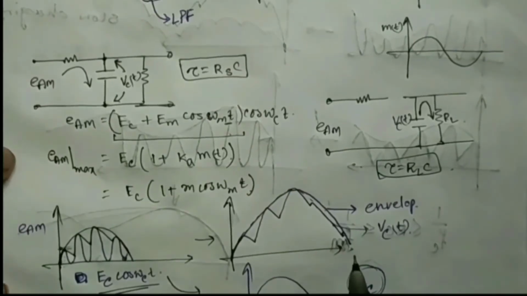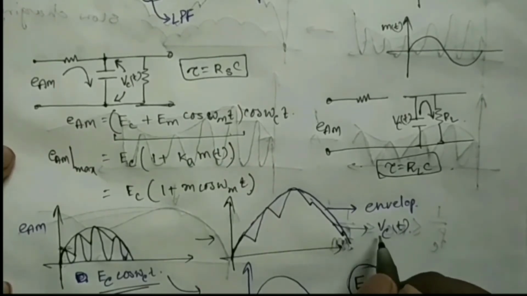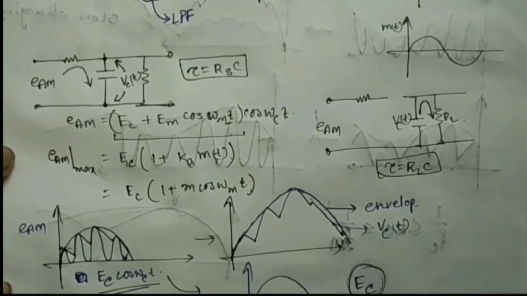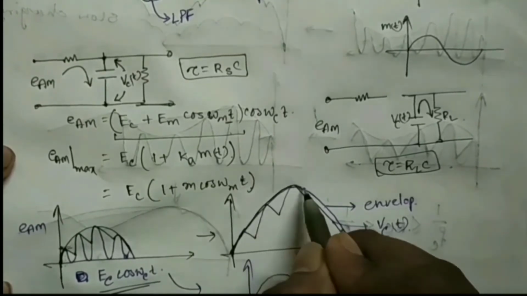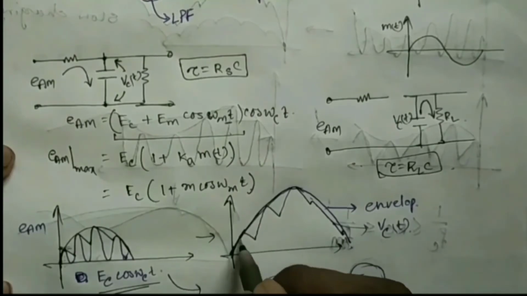From this graph, if we want to detect the message signal completely from this VC, that is, if we want to develop this envelope completely, then we need the slope of the envelope at each point to be equal to or greater than the slope of the VCT.